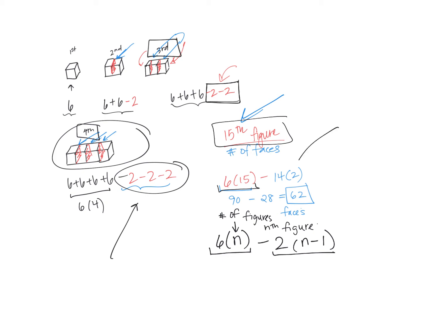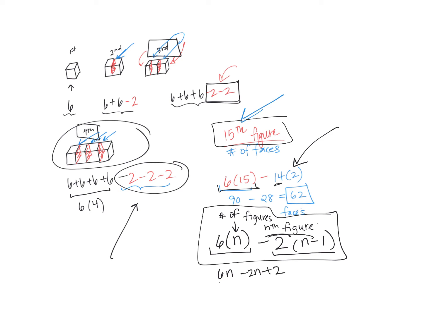And that's how I was thinking about how many 2s I would take off with the 15th figure. I wrote 14 here. So then I could simplify this just a little bit. We'll do 6n, and then we distribute the -2. That would be -2n plus 2, which simplifies to 4n plus 2. So this is going to be the formula to find the number of faces for the nth figure.